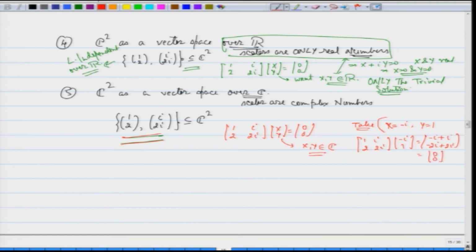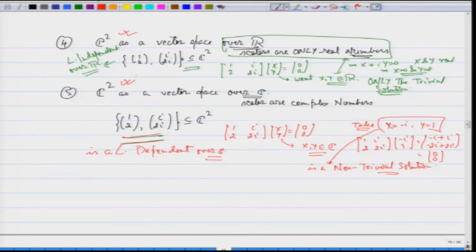So, therefore, this is a non-trivial solution, so this is linearly dependent over C. This is how the scalars make a difference.